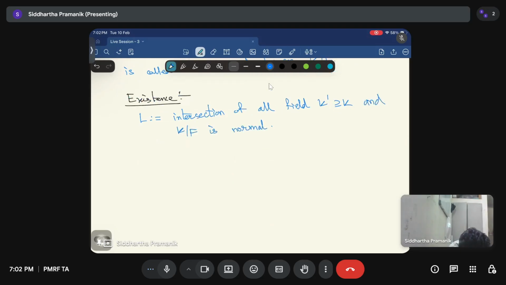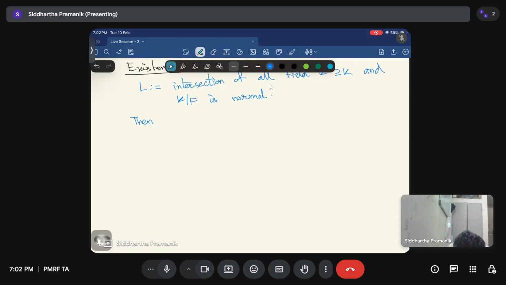Then clearly L is the smallest such extension, because the intersection of normal extensions is also normal. Then L is a normal closure, because we have not proved the uniqueness till now.